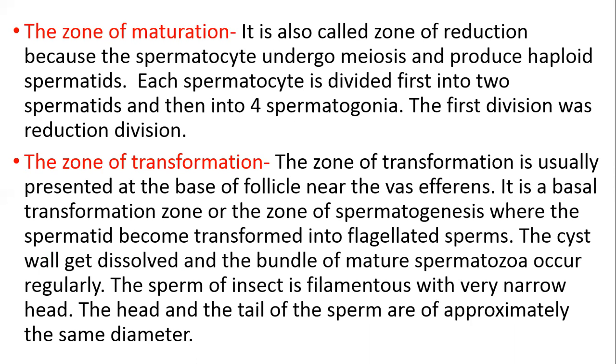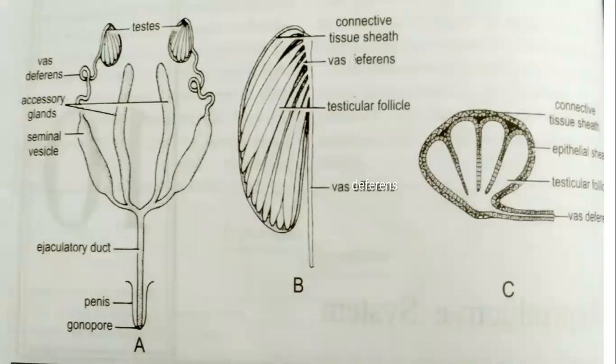The cyst wall gets dissolved and the bundle of mature spermatozoa occurs regularly. The sperm of insects is filamentous with a very narrow head. The head and tail of these sperms are of approximately the same diameter.